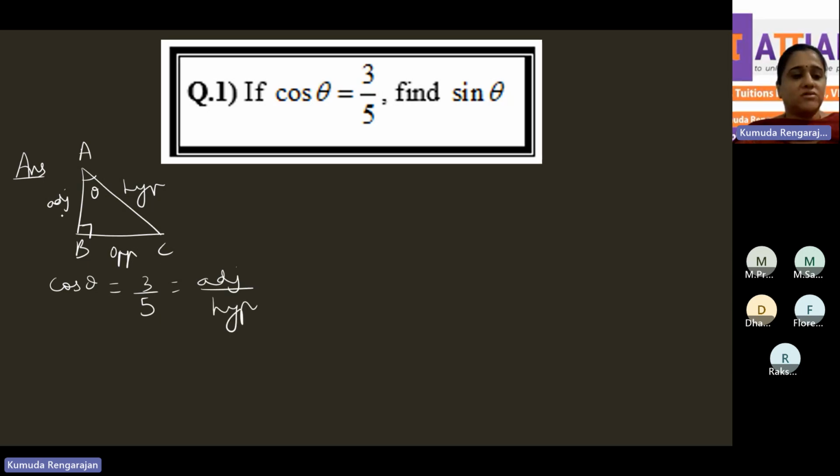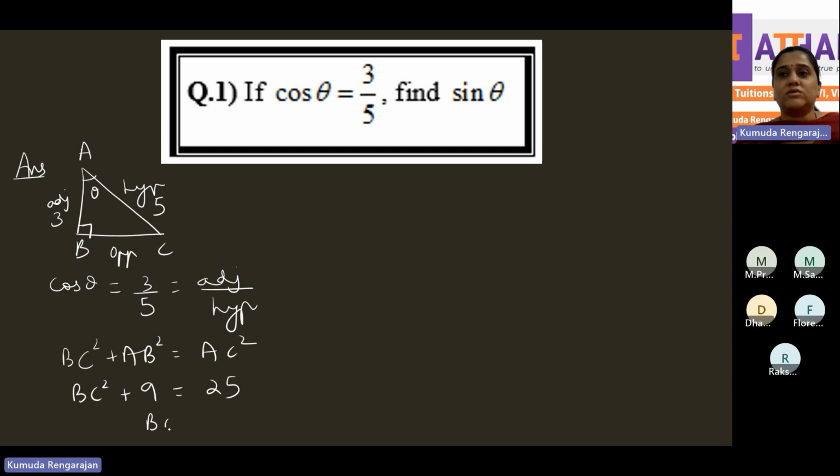So adjacent is this one. This is 3 and this is 5. So BC square plus AB square is equal to AC square. So BC square plus 3 square, 9, is equal to 5 square, 25. So BC square is equal to 25 minus 9, 16, and BC is the square root of 16, which is 4. So BC is 4.